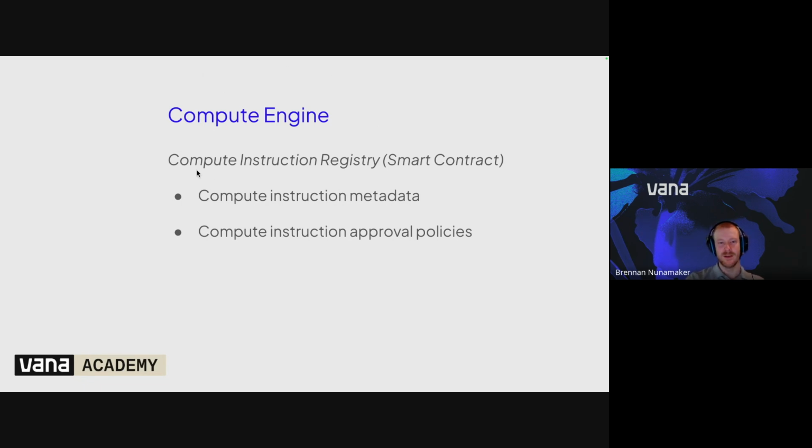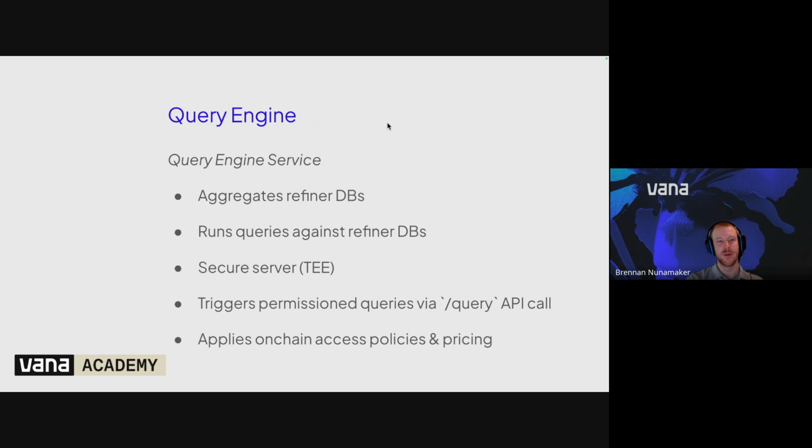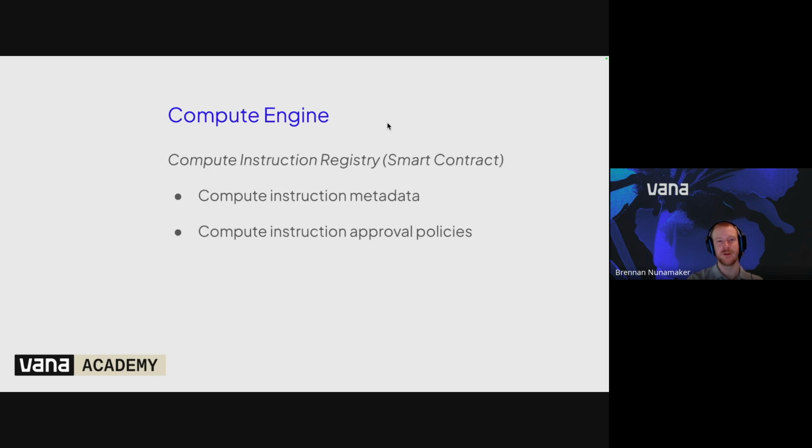There are a few pieces to this. There's a question: do you have to join the compute engine? Right now, all queries that are submitted to the query engine flow through the compute engine. This is by design, to make it more secure, so that people aren't pinging the query engine directly and downloading results and just leaving them on their unsecured server while they process it.